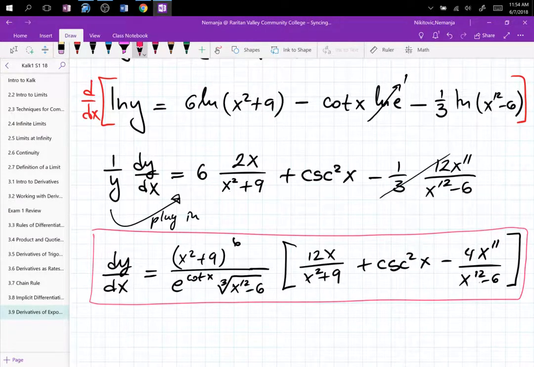Just imagine, or even better, go home and try to take that derivative by hand, using the product rule, quotient rule. You'll go absolutely insane.